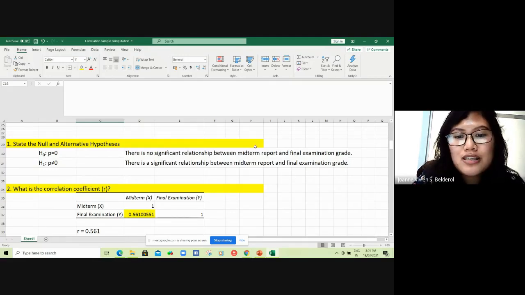So after this, we will move on to simple linear regression.